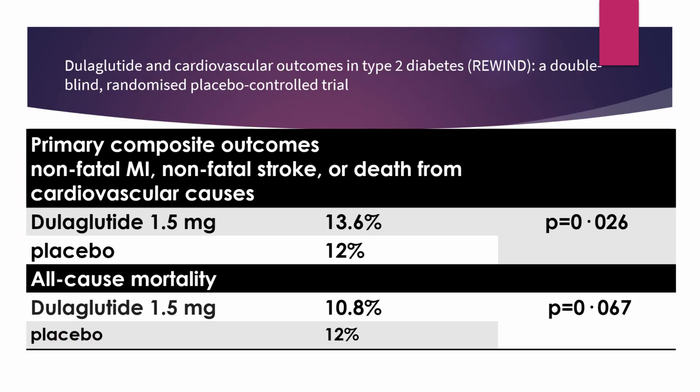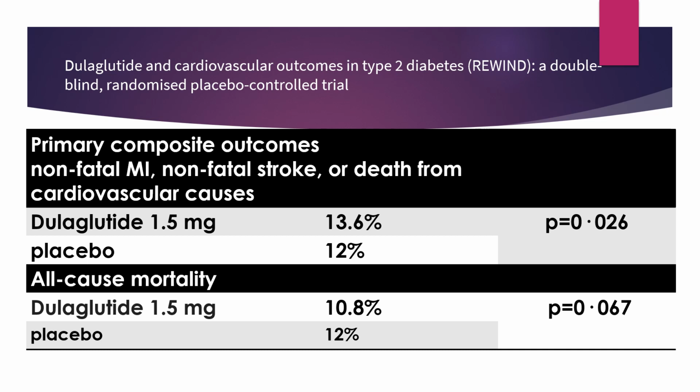The second type of dulaglutide trials evaluated the cardiovascular outcomes, which made dulaglutide gain FDA approval for reduction of major adverse cardiovascular events in adults with type 2 diabetes who had established cardiovascular disease or multiple cardiovascular risk factors in the REWIND trial.